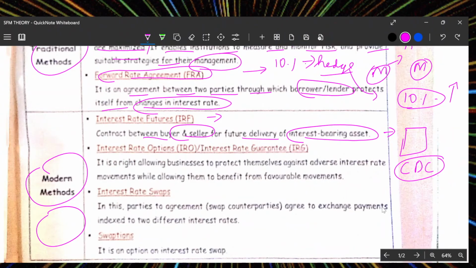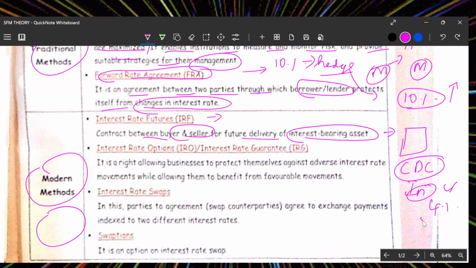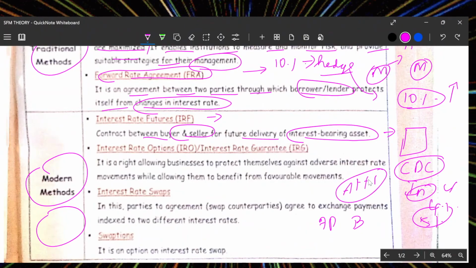Now they sell this bond in the market. Whoever is interested will buy that, and they will get the interest amount, usually 4%, 5%, based on the rating. They give ratings like triple A, triple B, A plus, and bonds with such ratings will be sold. This is called interest rate futures.